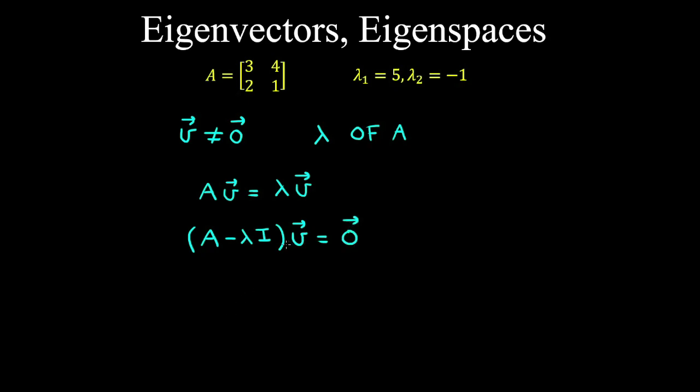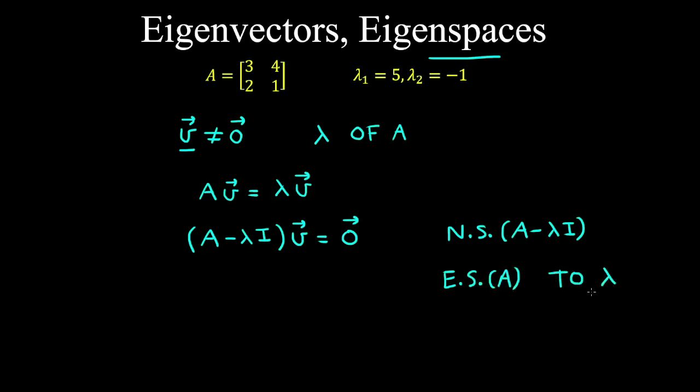So effectively, the eigenvectors are non-zero vectors in the null space of A minus lambda I. And we call this null space the eigenspace of A that corresponds to the eigenvalue lambda. Or another way to state this is the null space of A minus lambda I is the solution space of this homogeneous linear system.